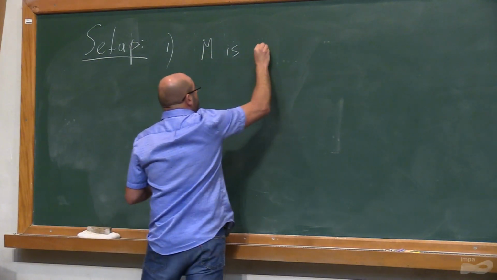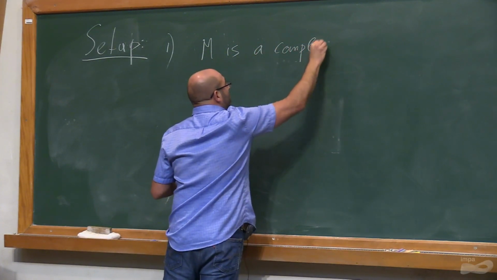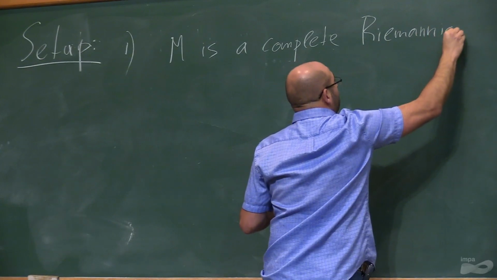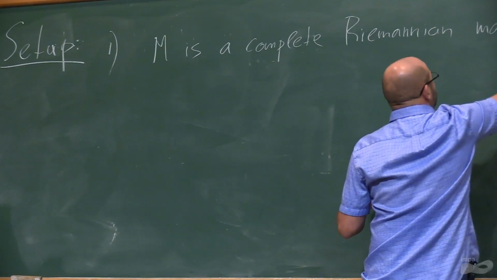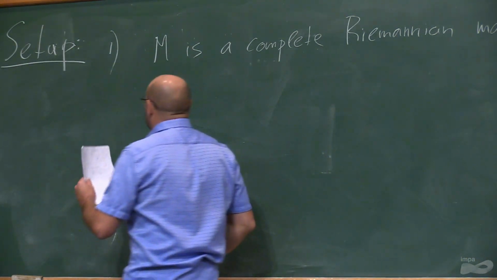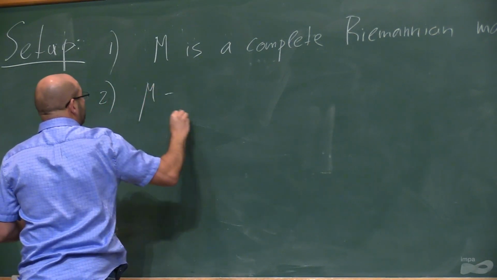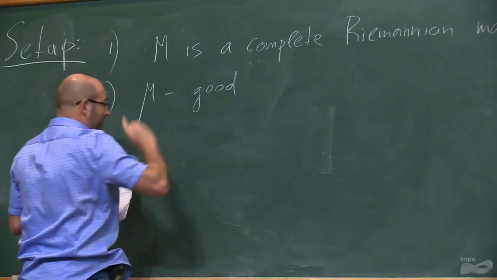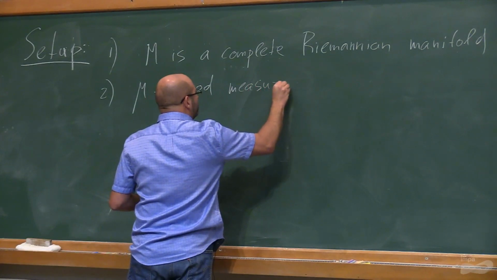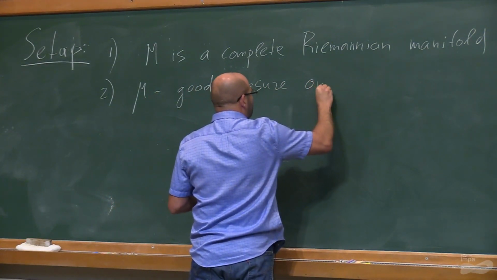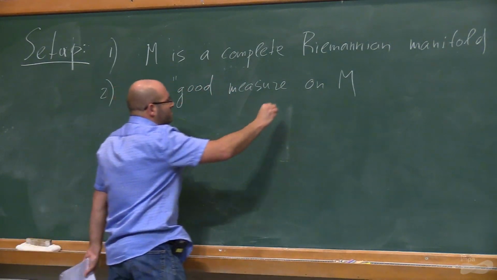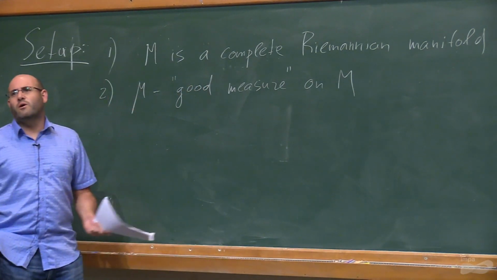One, M is a complete Riemannian manifold, let's say of dimension greater than or equal to 2. Two, mu is a good measure on M. This is Fathi's terminology. By this you can think about Lebesgue measure.